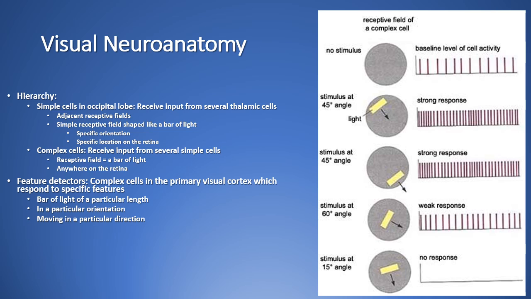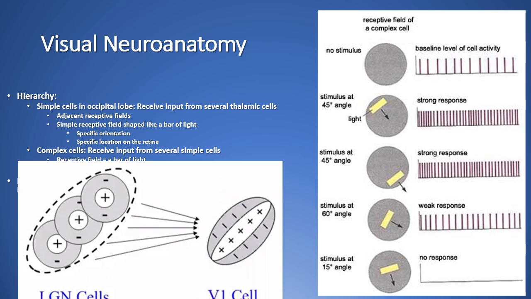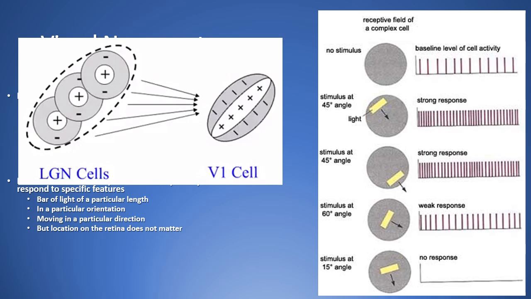Some of them require movement in order to fire, but location on the retina really doesn't matter. So here's an example of 3 ganglion cells that all feed into the same simple cell. Because they feed into the same simple cell, and they have adjacent receptive fields, you end up with a bar of light as your receptive field for this simple cell.